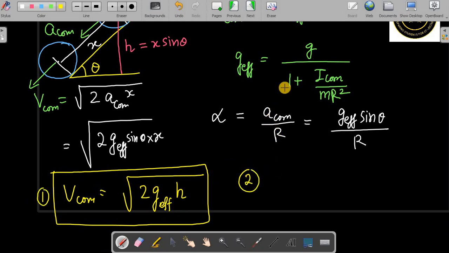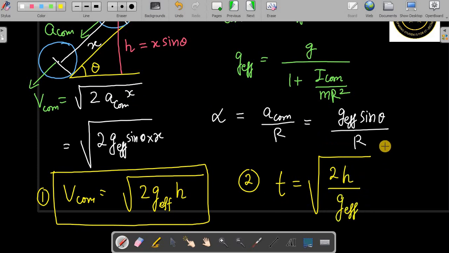Similarly, you can note the formula for time. Time is root under 2h by g, so here root under 2h by g effective, right? Okay, like this you can do.